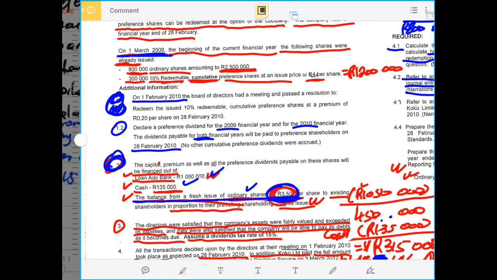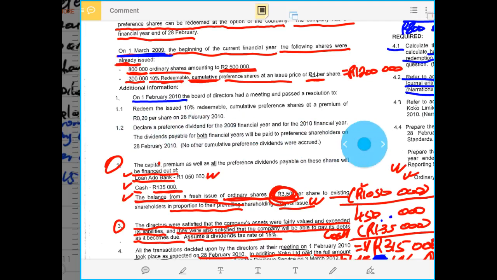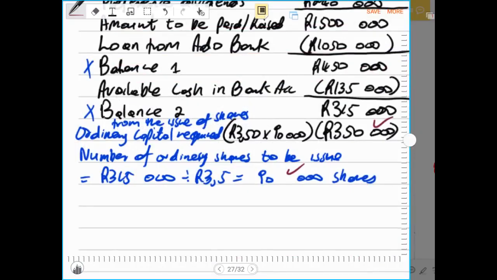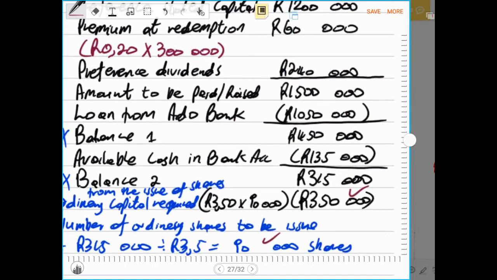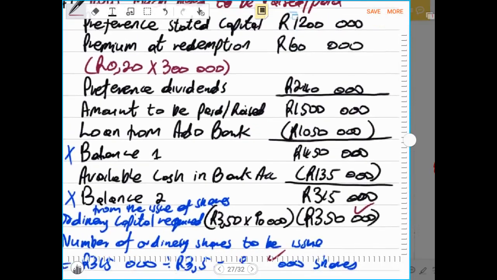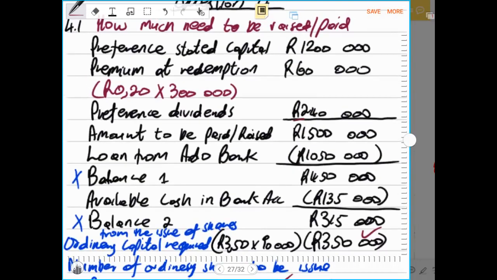Then number 2, they raise money for the fact that there's no money available to pay for the redemption of preference shares and the preference dividends that the company declared to redeem the existing preference shareholders. So now let us do that. First of all, we know how much we owe. We already know that we need to pay an amount of 1,500,000. We already know this. That's why now they ask us this question.